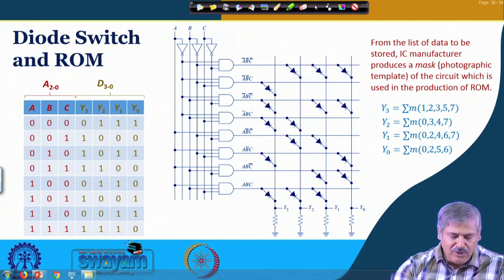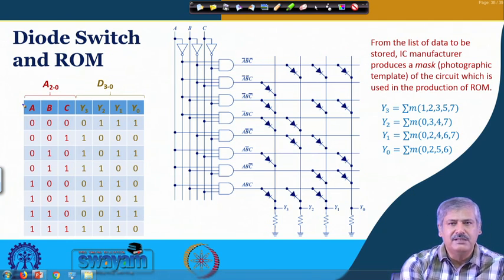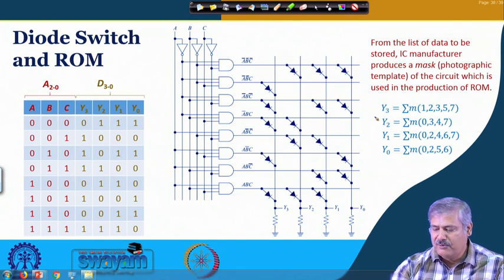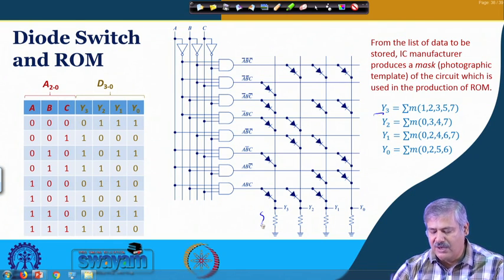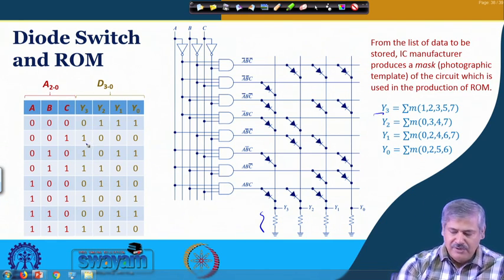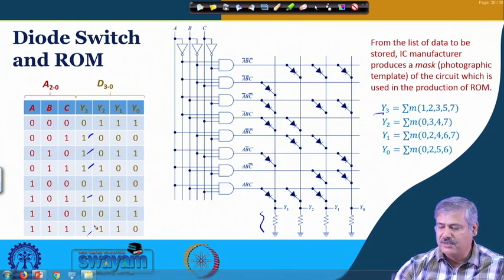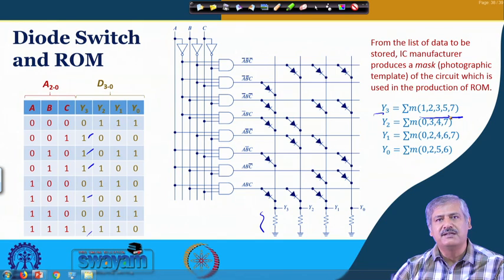Earlier we were looking at each individual location; now if you look at all the columns put together for this particular Y3, we had seen in our earlier decoder OR arrangement where specifically an OR gate is put. Here we are not putting any OR gate, just resistance is there, but it is giving an equivalent representation, and that is, you will find that this is 1, 2, 3, 5, 7. So, these are the minterms that are getting summed up.